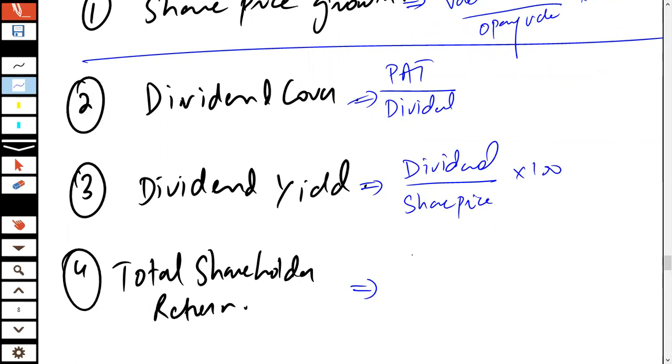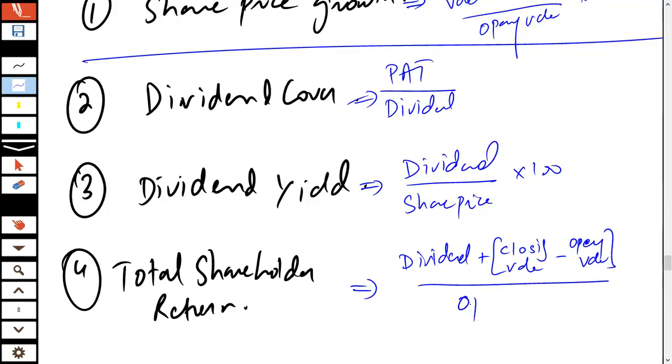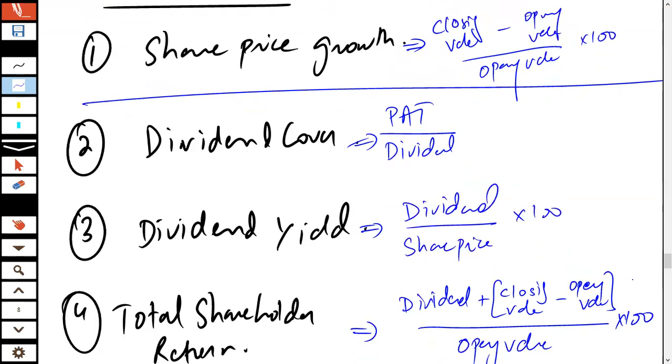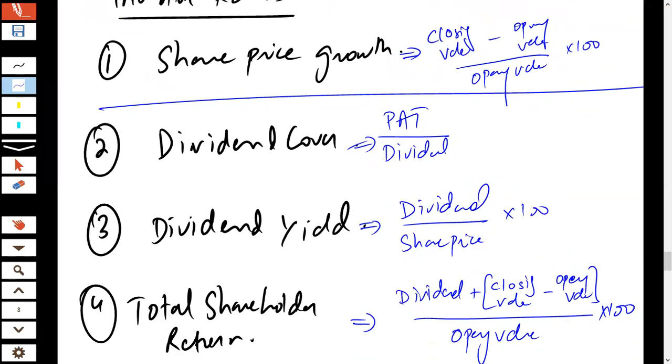And lastly, the total shareholder return is your dividend plus closing share value less opening value, divided by the opening value of the share, multiplied by 100.